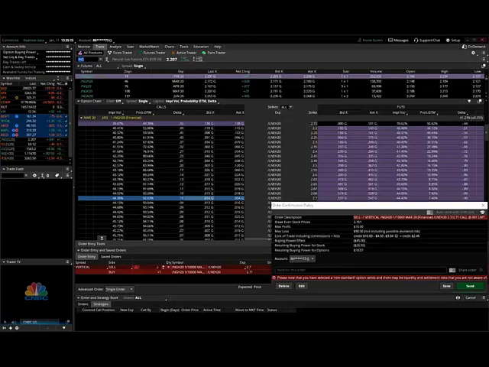So if we look at it purely from the call side, 2.46 divided by 45 that we got to put up, that equals 5.5% for this trade. But it's going to get better. But that's what it would be for this trade right here. So we've limited our risk. We're still getting our 5% return, but let's do a little better than that.